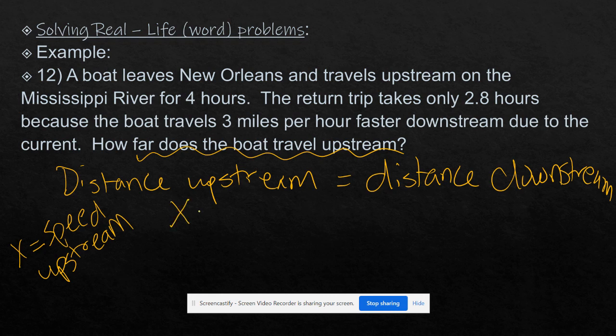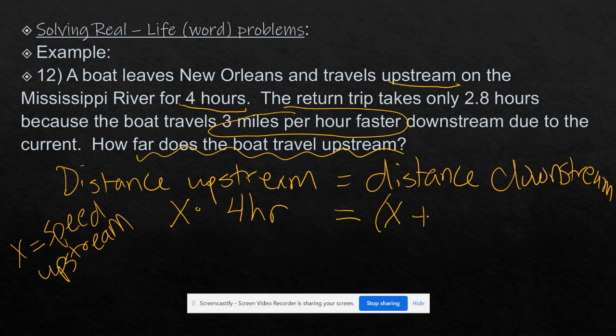Some speed times 4 hours, because upstream was 4 hours, equals distance downstream. Well, the speed was 3 miles an hour faster. So upstream speed plus 3 for 3 miles an hour faster, and it took 2.8 hours.